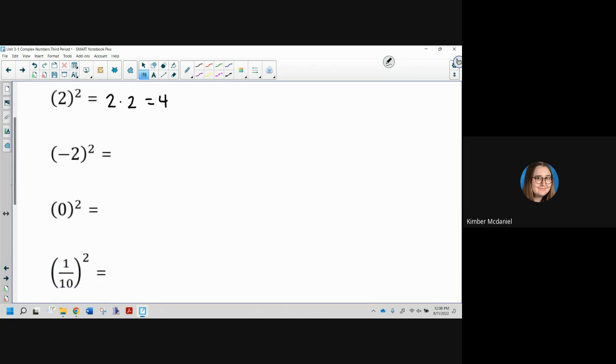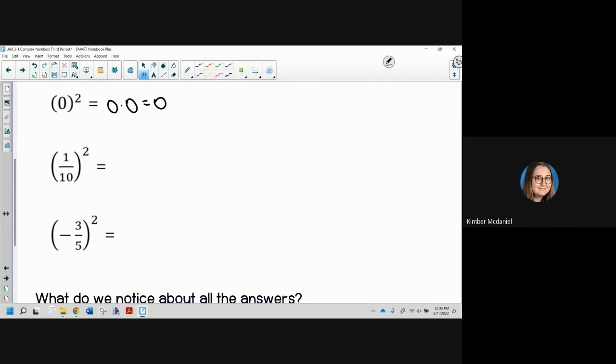Same thing here. We have negative 2 squared, which is the same thing as negative 2 times negative 2, which again is 4 because a negative times a negative is a positive. 0 squared is 0 times 0, which is 0. 1 over 10 squared is the same thing as 1 over 10 times 1 over 10.